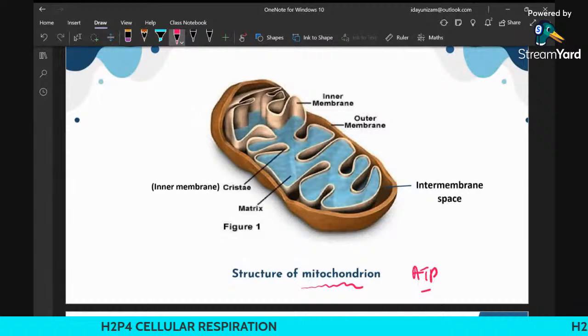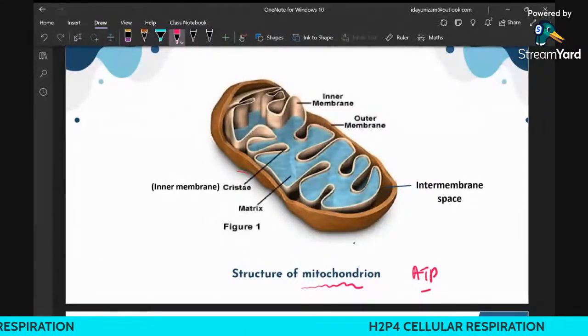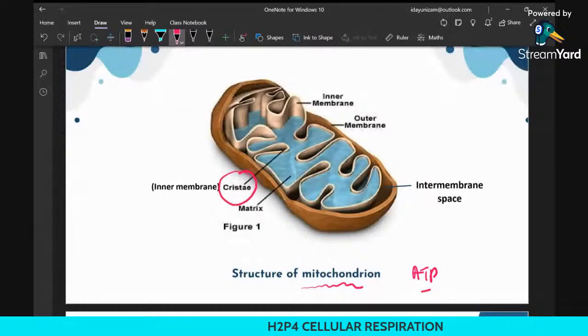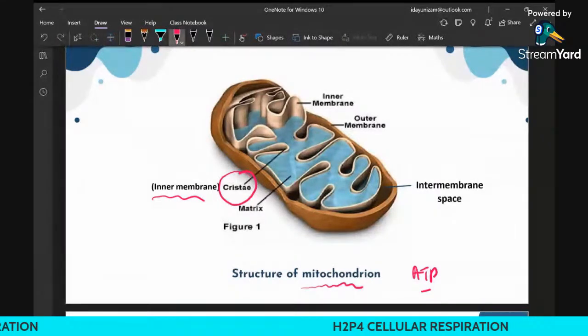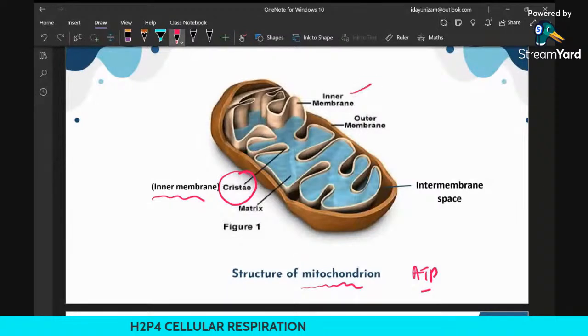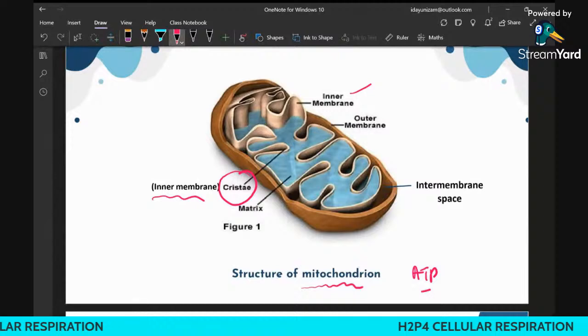If you still remember our topic, chapter 2 semester 1, this is a very popular structure that you need to focus on, the inner membrane, the folded inner membrane, what we call the cristae. Mitochondria, as you all know, has a double layer, the outer membrane and the inner membrane.